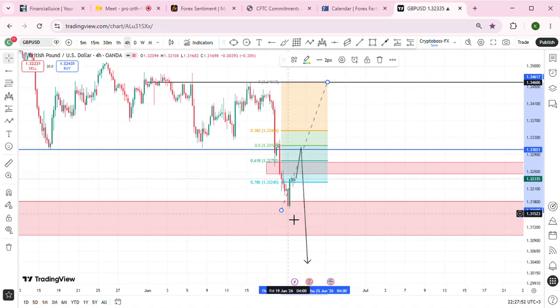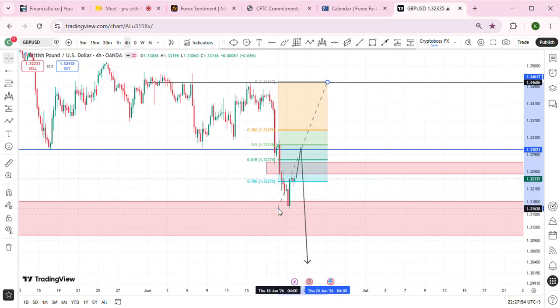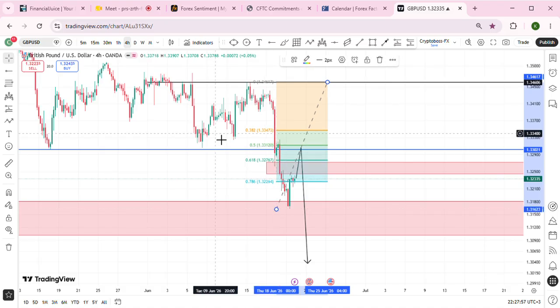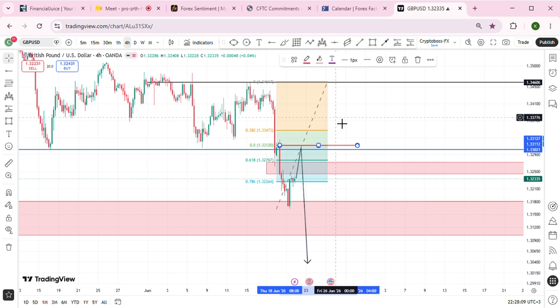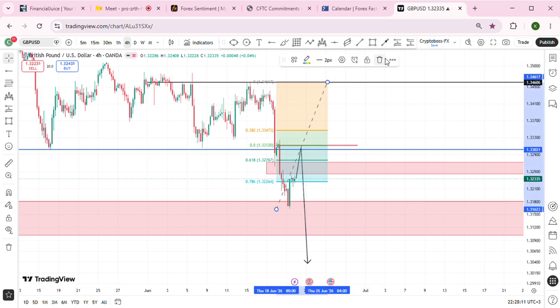So just slightly above our zone is where we have the 50% of the fib. So it's a valid zone here. So we will be watching the market there for possible sells.